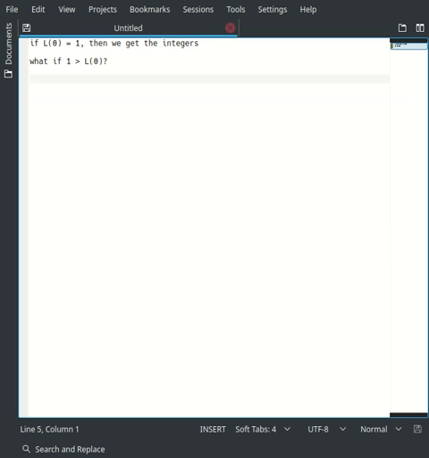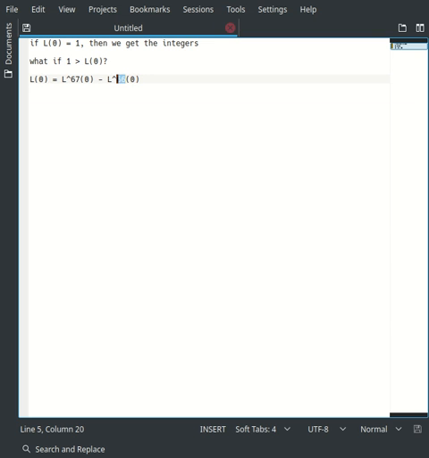Right, so we know that each interval is the same size, right? So the size of L naught is L 67 naught minus L 66 naught, right?